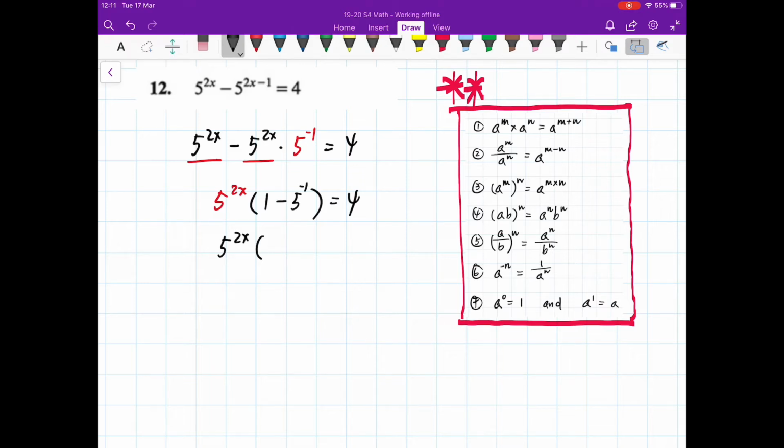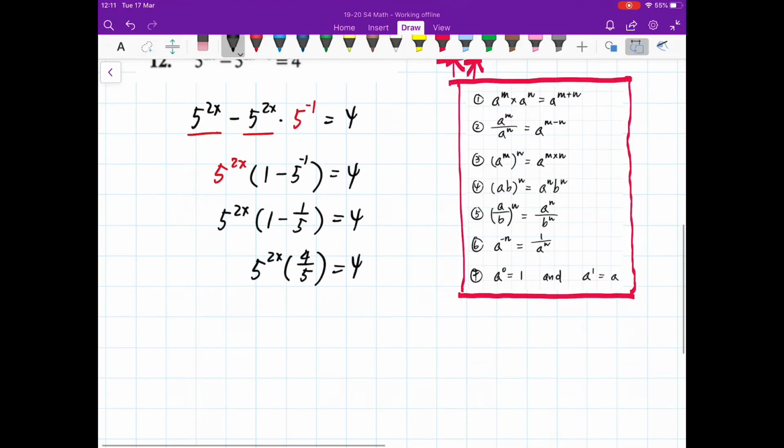According to the laws of index rule number 6, 5 to the power negative 1 is 1 over 5. So after the calculation, the number inside the bracket is 4 over 5.